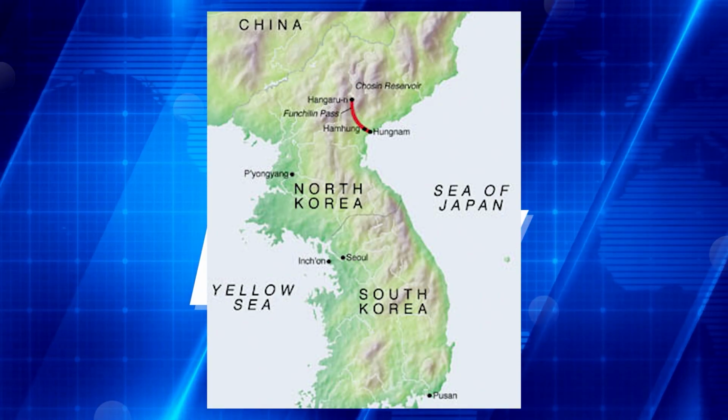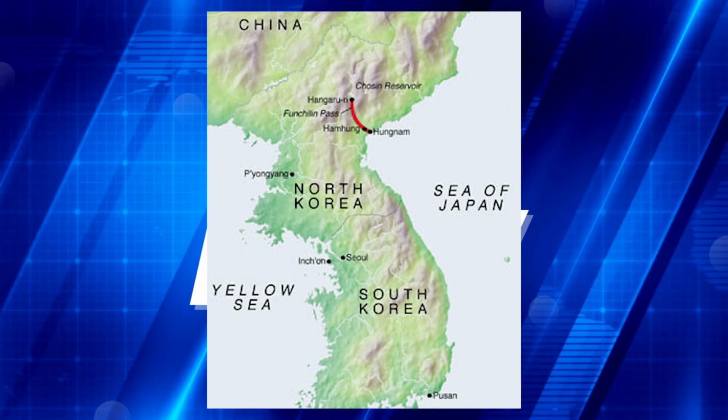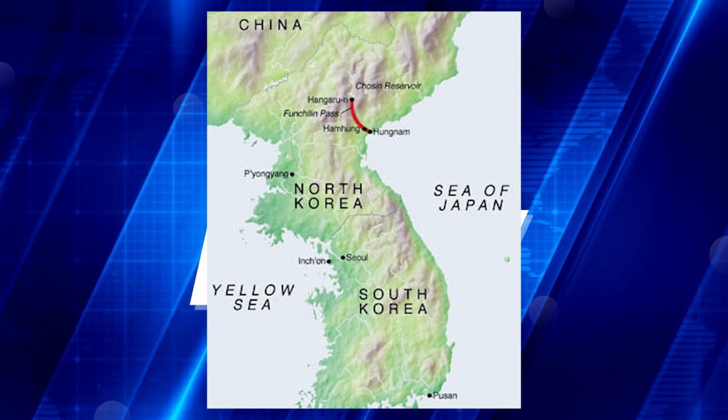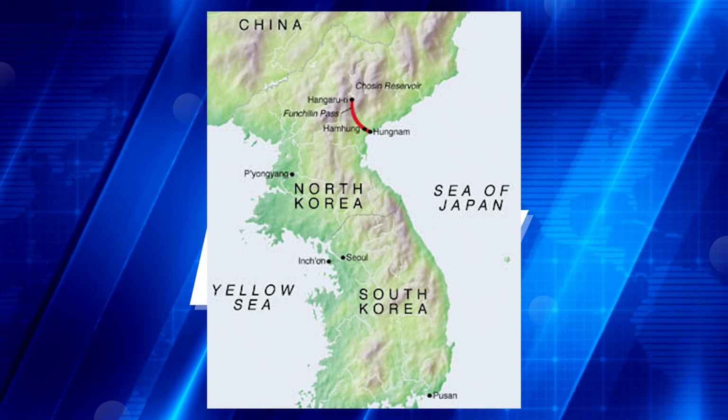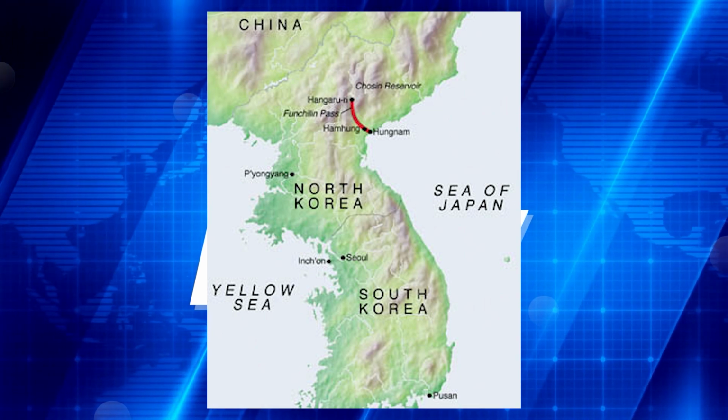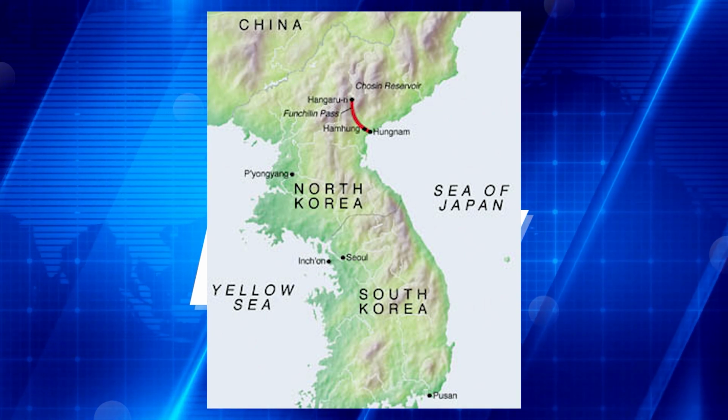And probably the most famous engagement of the war was the Battle of Chosin Reservoir. The battle was a result of the U.S. 8th Army's advance in northwest Korea and the 10th Corps' advance along the east side of the Korean peninsula to sever enemy supply lines near the Chosin Reservoir.